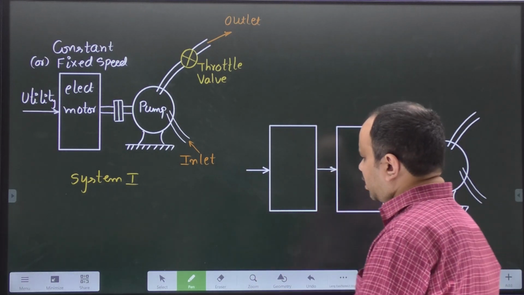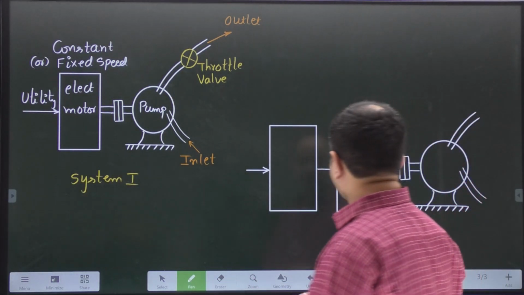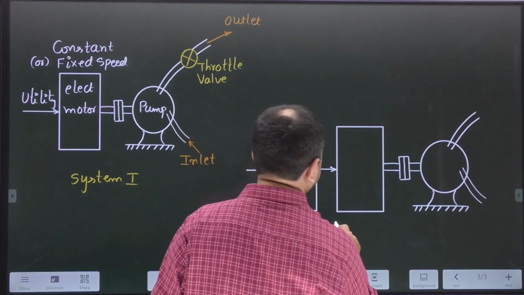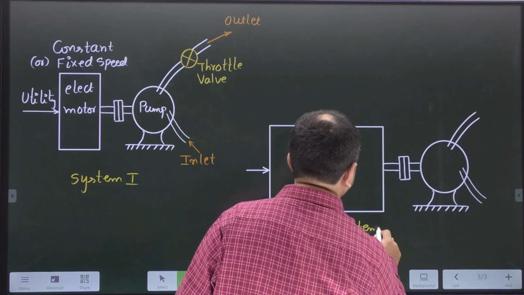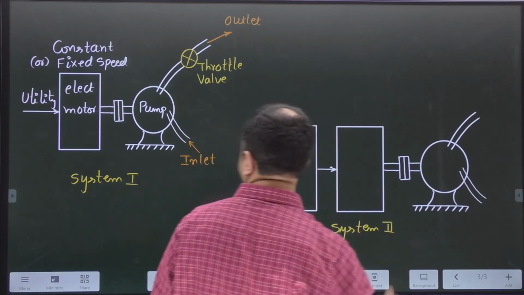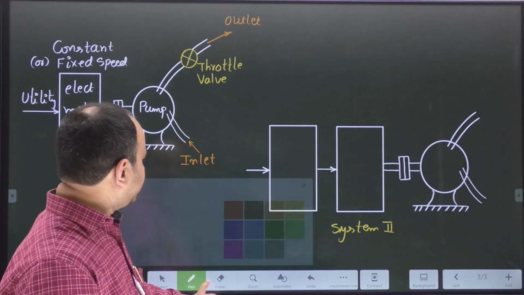Now the same objective we will try to achieve with a slight modification in the second system, let me call it system 2. Here also the objective is the same.